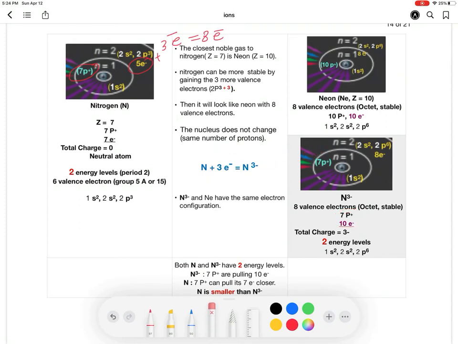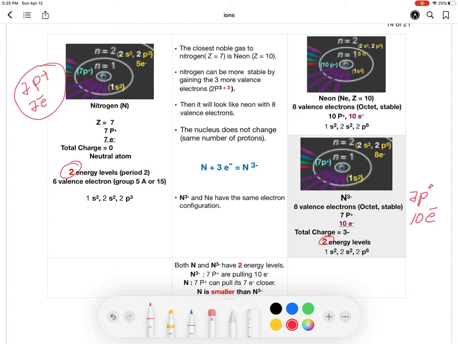Now for the size of the atom and comparing it to the size of the anion, please notice that they both have 2 energy levels. So what to do? Here you have 7 protons pulling 7 electrons, but here you have 7 protons pulling 10 electrons.